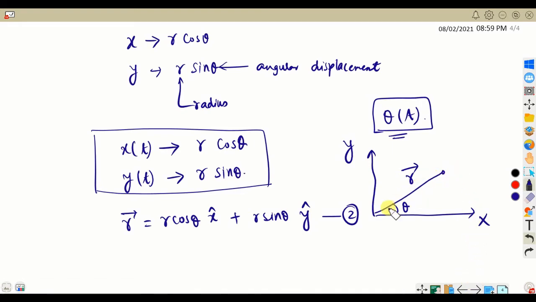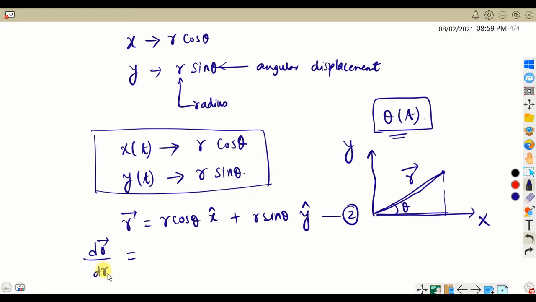So to identify the position of any object, we know how to write the position: the x distance will be r cos theta, plus r sin theta in the y direction, and we know theta depends on time. What you can do here is write dr vector over dr, with r as the parameter.